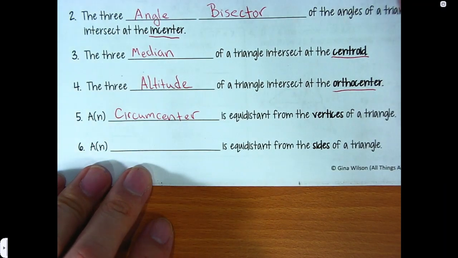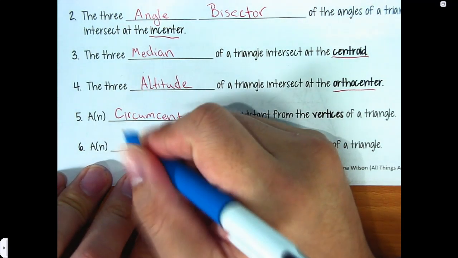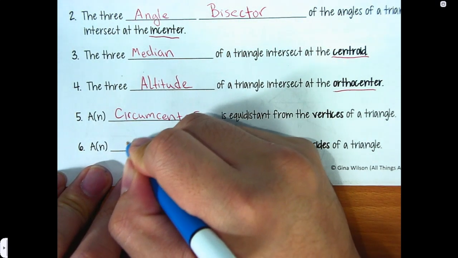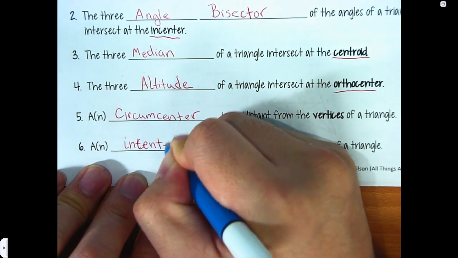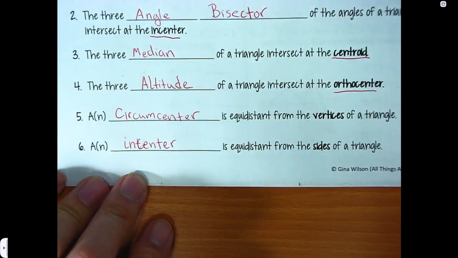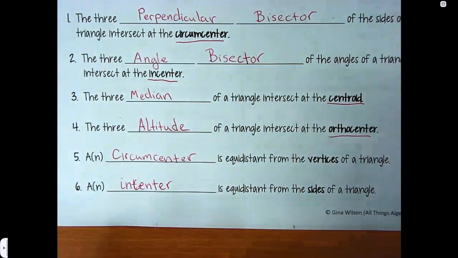And similarly, the angle bisector will not always have the same length from all three vertices, but it is going to be the same distance from the sides. So the incenter will be equal distance from the sides of a triangle.